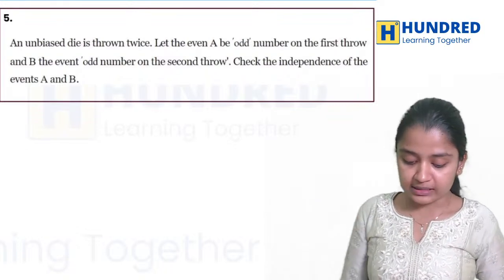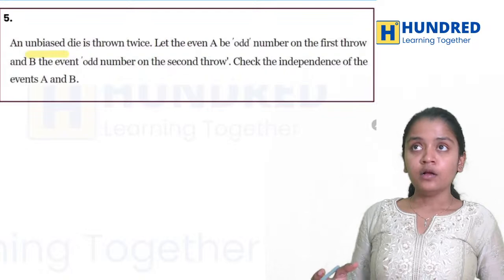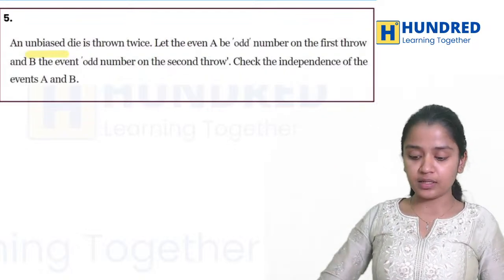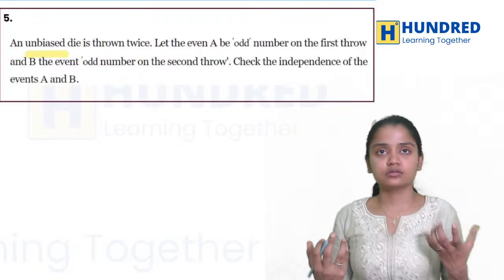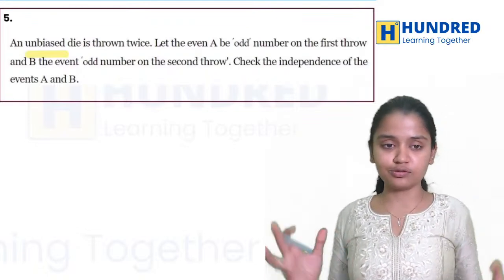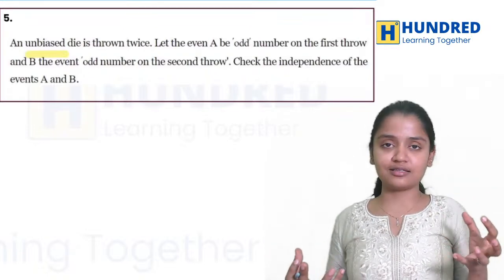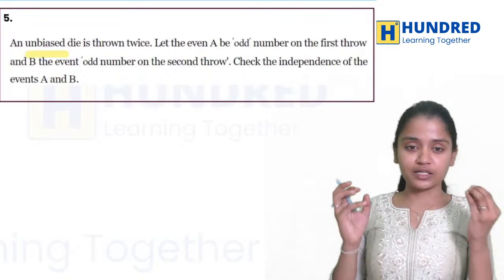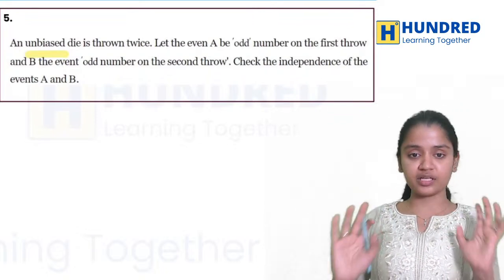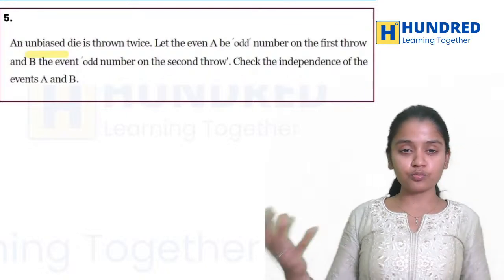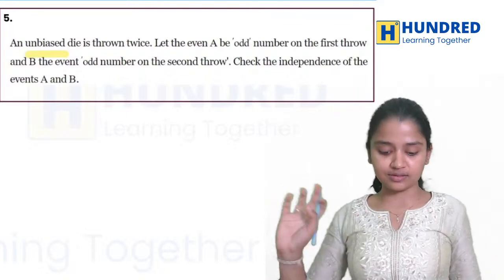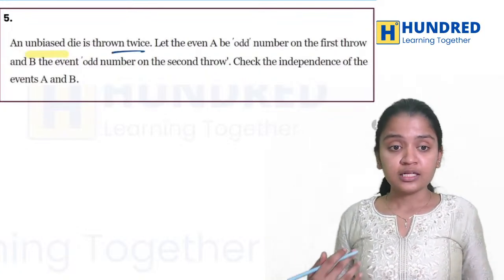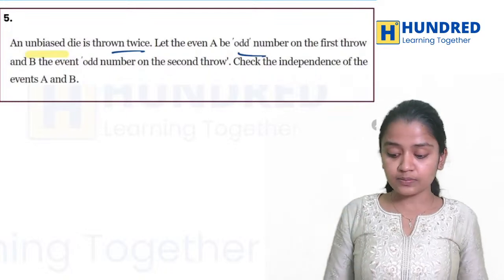It is an unbiased die, or a proper die, which means 1 2 3 4 5 6, a normal die. How many times is it thrown? It is thrown twice. So what is my event A?